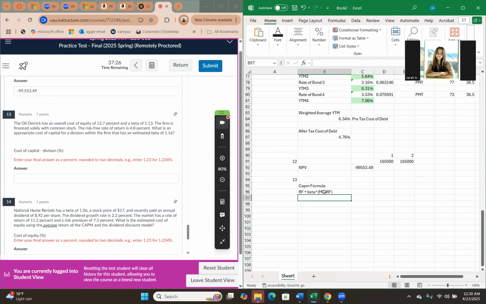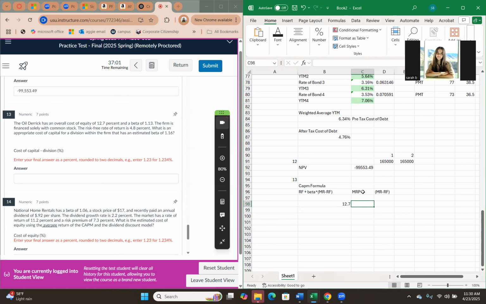The number in the parentheses right there is also called the MRP, which is the market risk premium. Okay. So we know that Oil Derrick has a cost of equity of 12.7%.